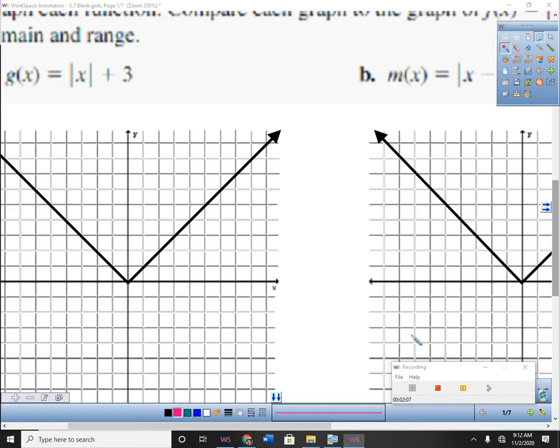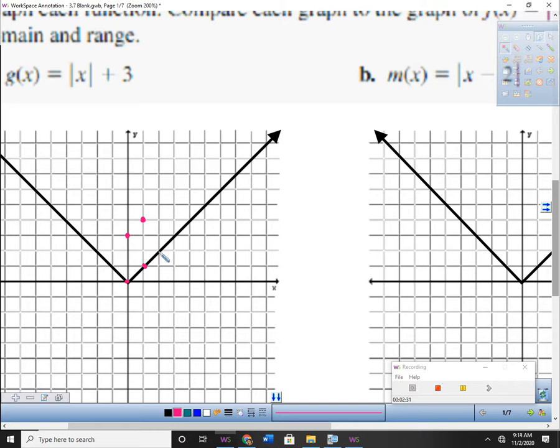It moves which direction? Up or down? So that means that if I originally had a point here, then I would move that point 1, 2, 3 spaces up.